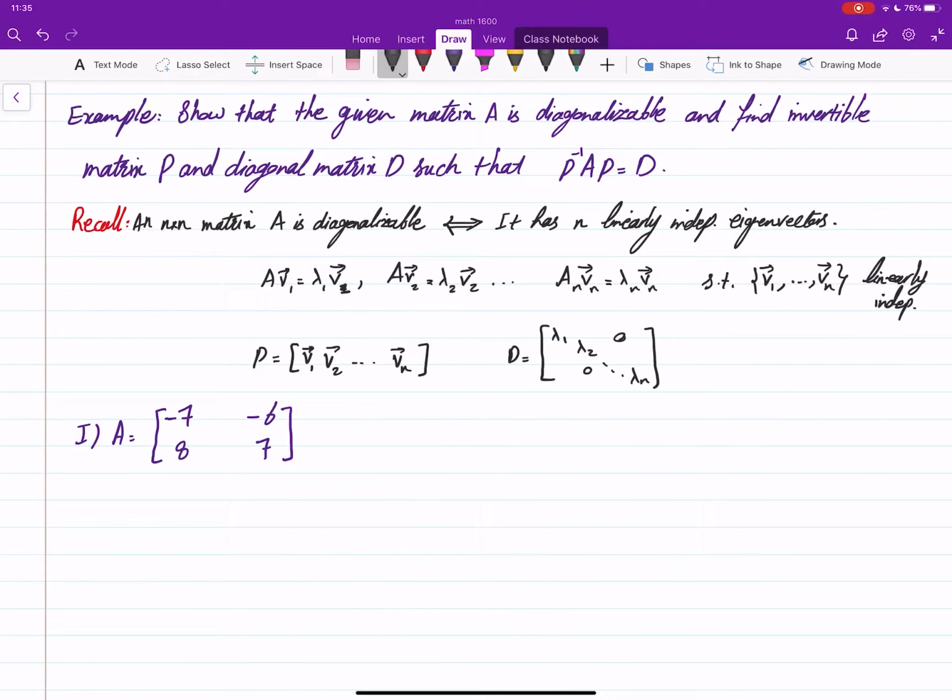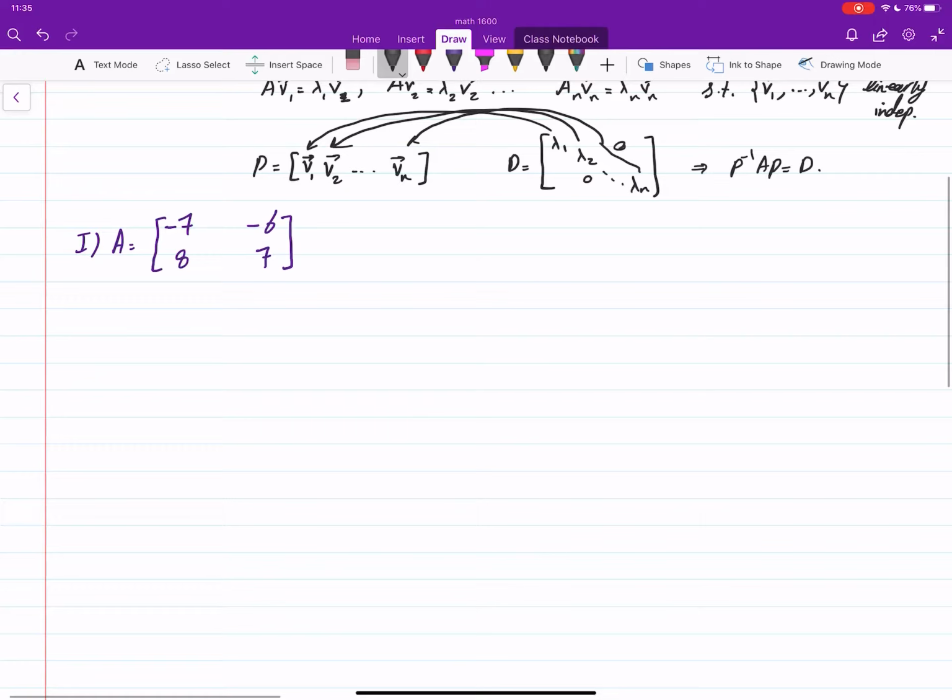You have to note that I am putting the eigenvalues in exactly the same order as the eigenvectors, okay? So this way we find P and D, and these are exactly the invertible matrix and diagonal matrix such that this equality holds. Okay, let's see this in some examples.